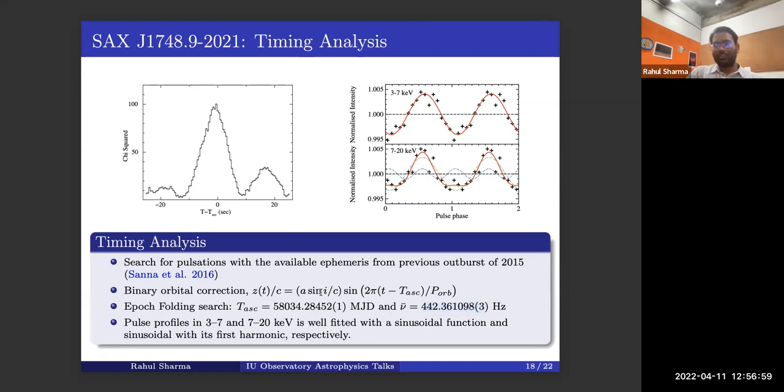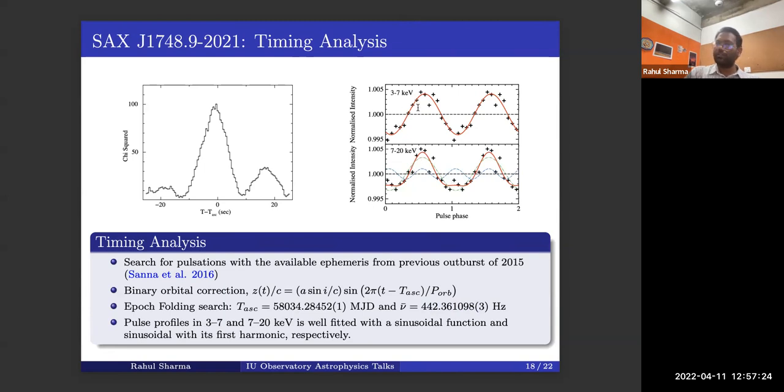As the source was very faint, we could not do an energy-resolved study in this case, because if we divide into many energy bands, we will not be able to see any pulsation. So we could divide into two energy bands, 3 to 7 and 7 to 20 keV, and we could detect a significant pulsation in both. This upper panel is the 3 to 7 keV pulse profile, while the lower panel is the 7 to 30 keV pulse profile.